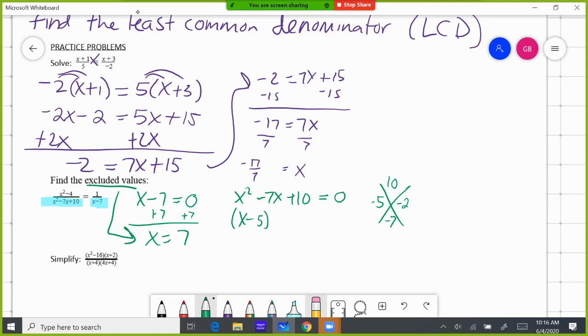So x minus 5, x minus 2 is equal to 0. The x values that make this 0 would be 5 and 2. So these three numbers, 7, 5, and 2, are the excluded values.